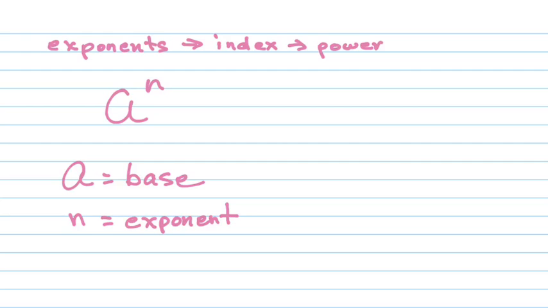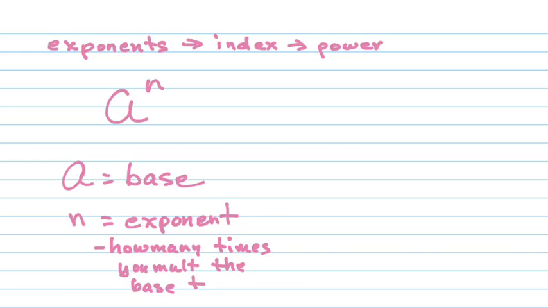And remember, the n tells you how many times you multiply the base times itself. It's not the base times the exponent, but the base times itself n times, however many times you have the base. Right? Now, that part usually doesn't present much problem.